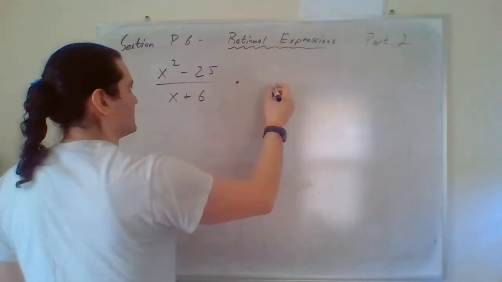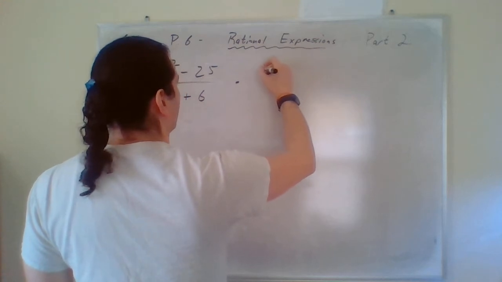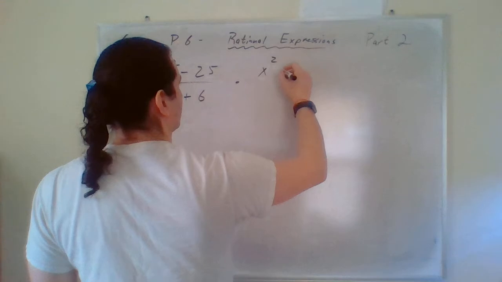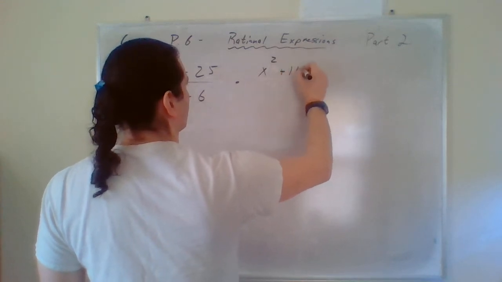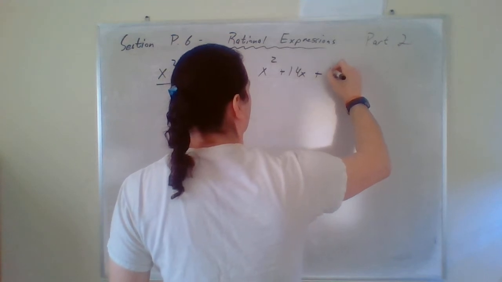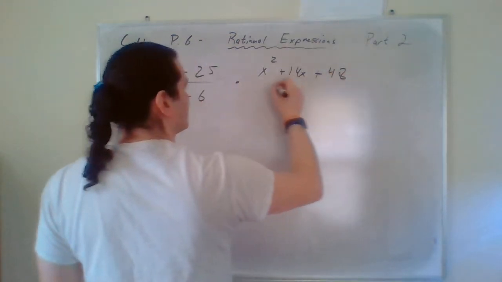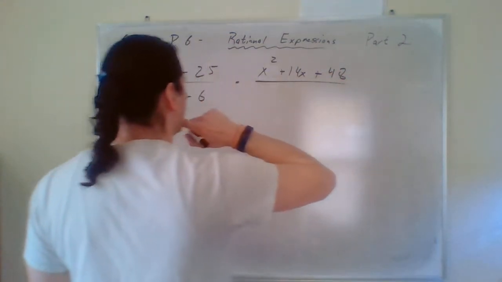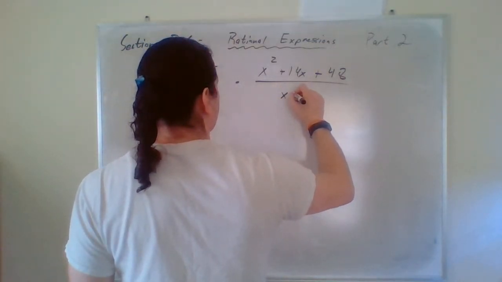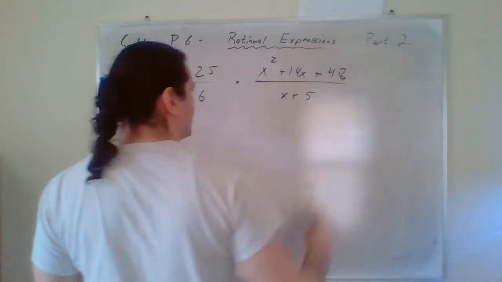We'll multiply that by x squared plus 14x plus 48 all over x plus 5.